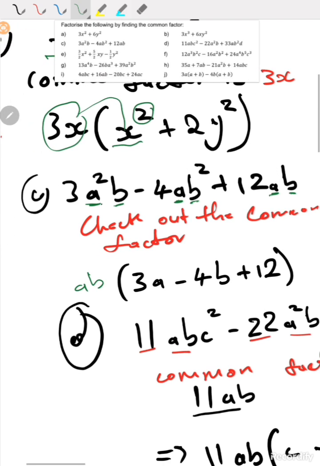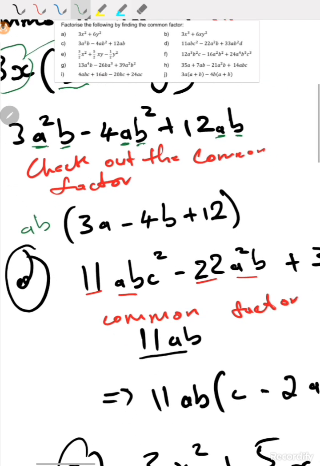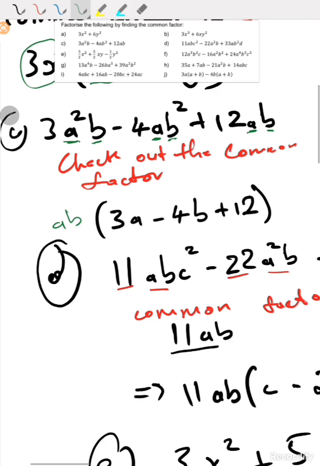Okay, sharp. On the number C, we have 3a squared b minus 4ab squared plus 12ab. Then the common factor of this one here is ab. These two are the common factors. Then you put them out of the bracket as I did here, then you put everything inside the bracket.